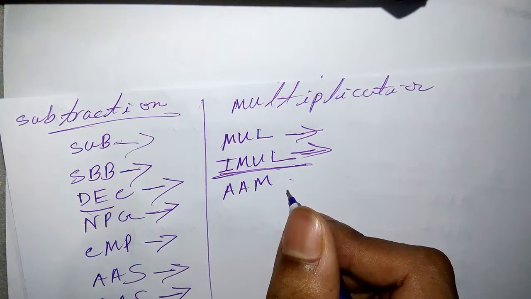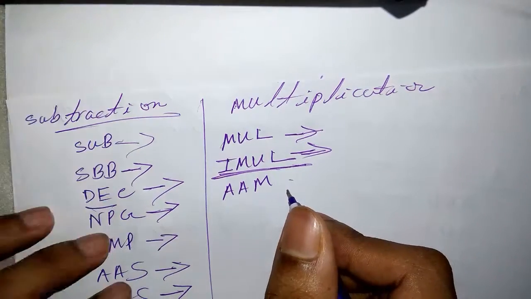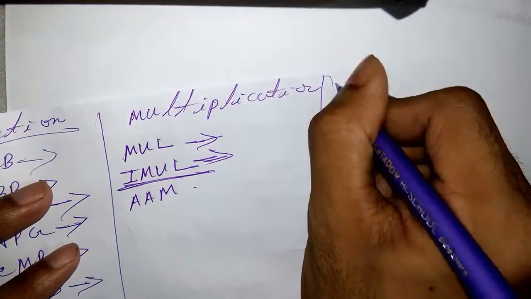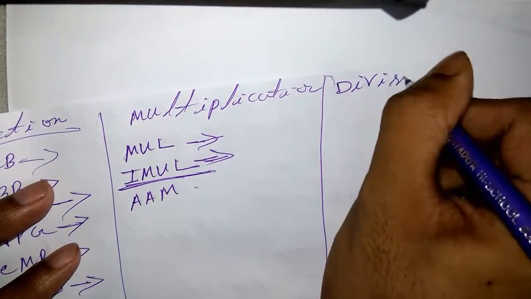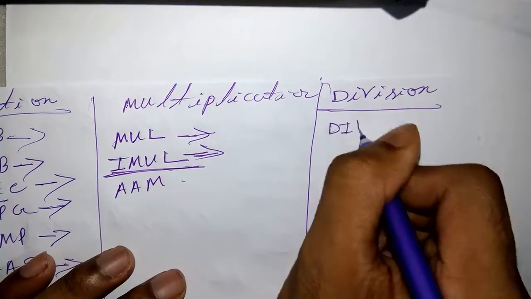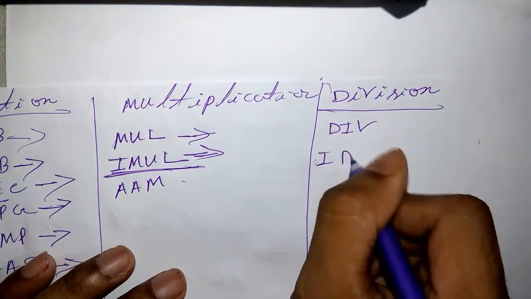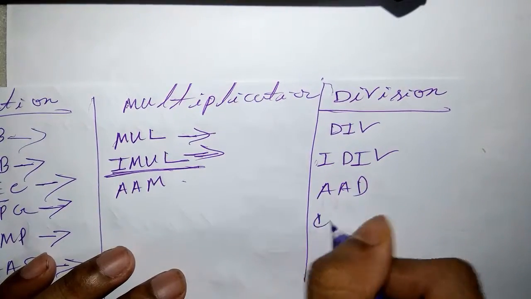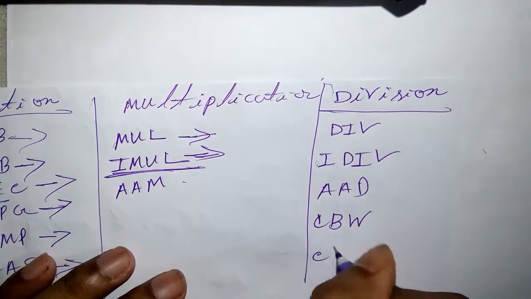Okay, next are the instructions performed for division. For division we mainly use DIV, IDIV, AAD, CBW, CWD.